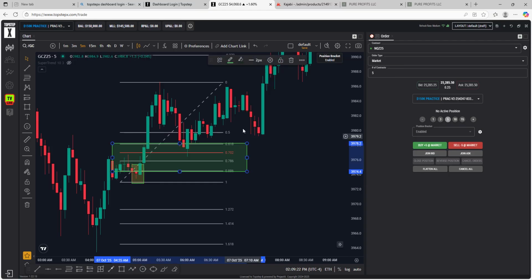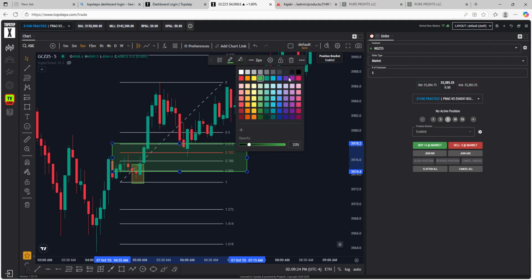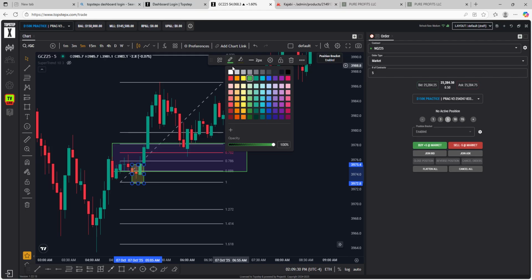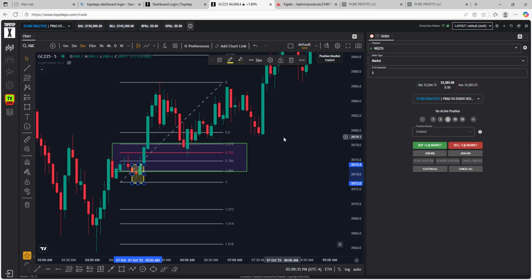Let me change this zone so it can be a clear difference. All right, so this candle right here. Let's make this purple too.